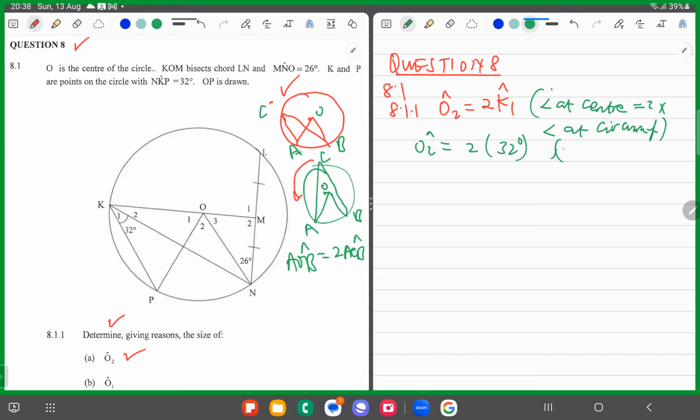The reason here is that angle K1 is 32 degrees because it is given that way, which gives 64 degrees.